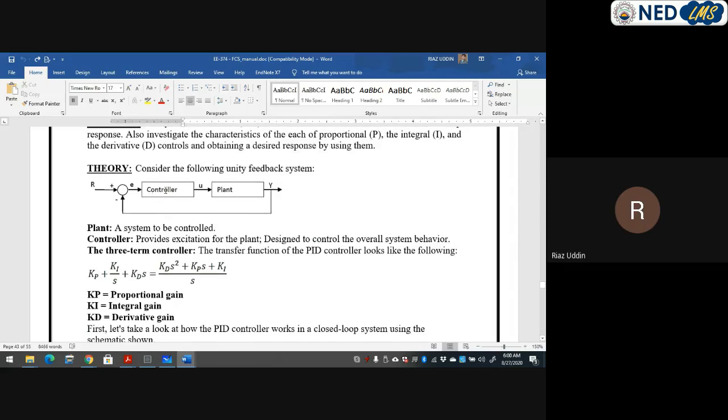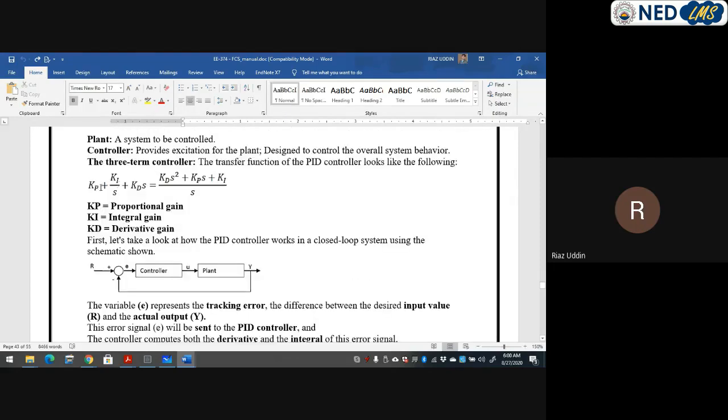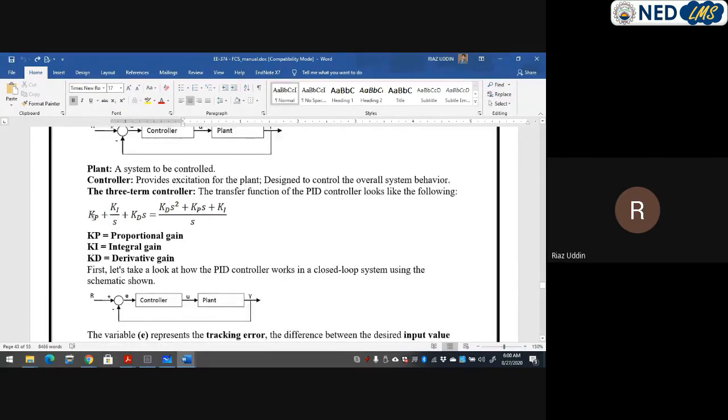The controller position is always there, and we have plant dynamics that could be first, second, third, or multiple order systems. This is the fundamental mathematical form of the PID, where KP, I'll show you later in a diagram in the separate document I've prepared for you.